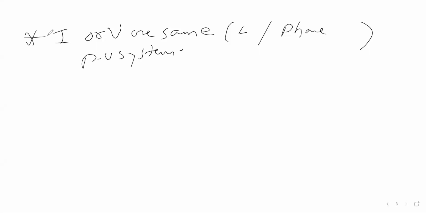This concludes that either current or voltage, both are the same for line and phase. This we got.